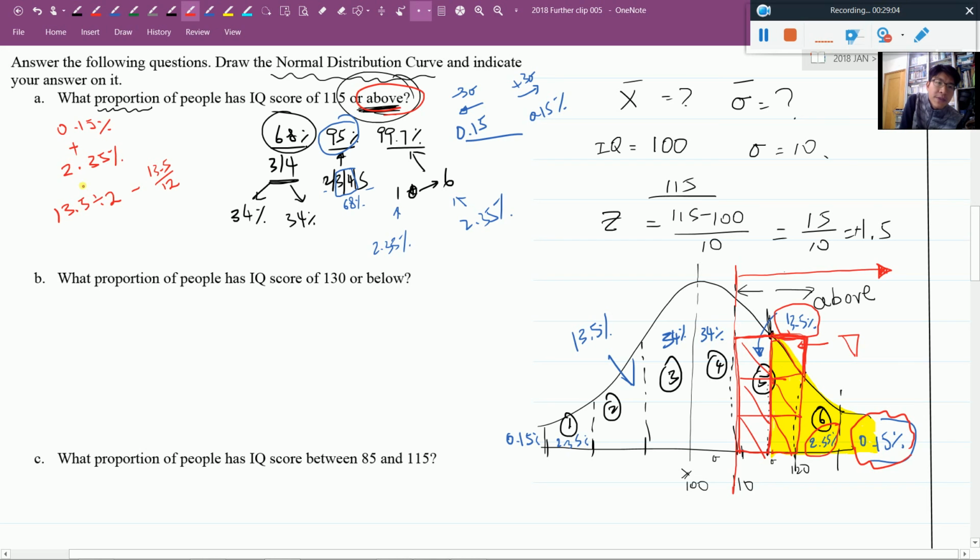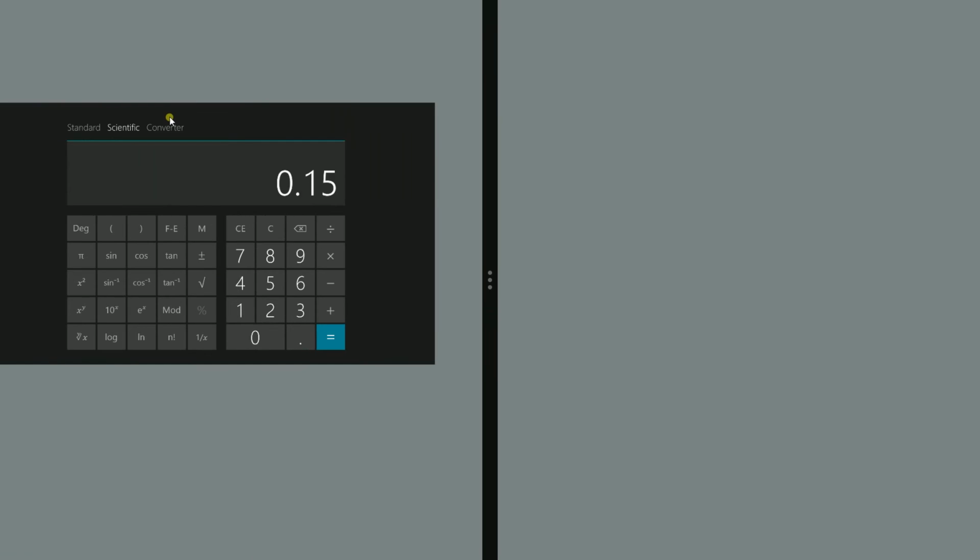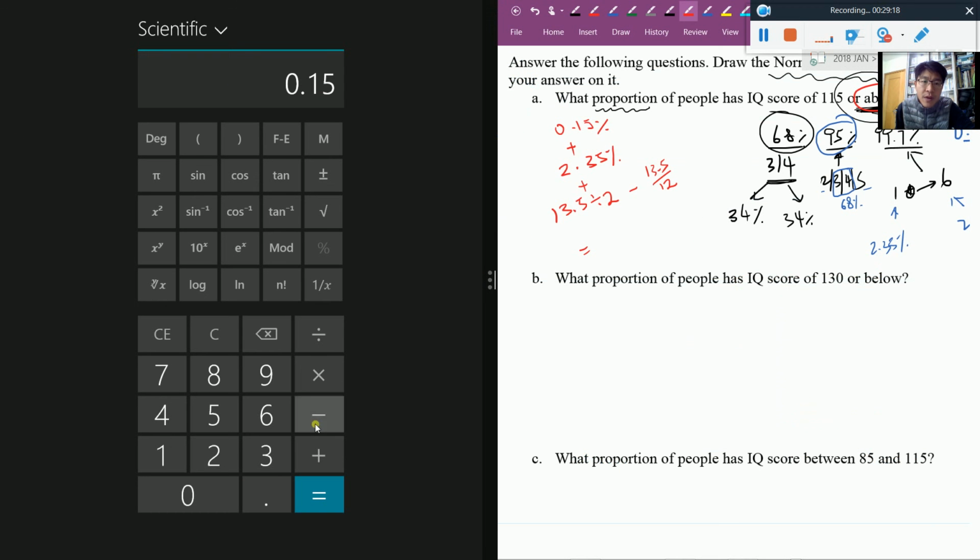I have the first one, the second one, and the third one, all added together. 0.15 plus 2.35 plus, put a bracket here, 13.5 divided by 2 minus 13.5 divided by 12.